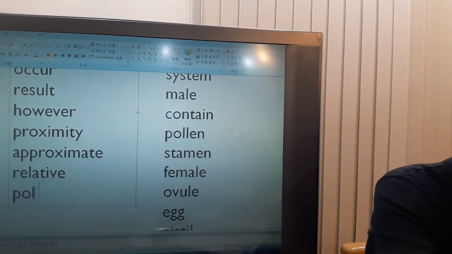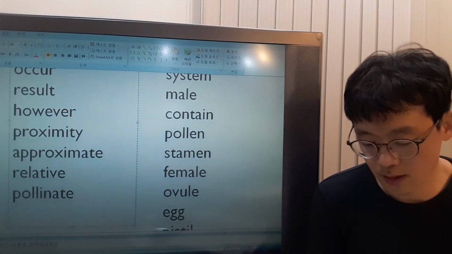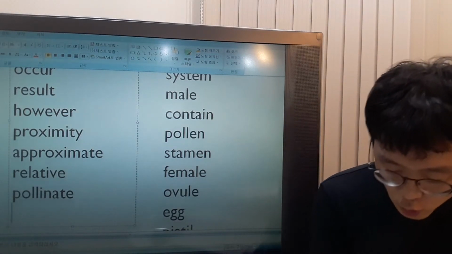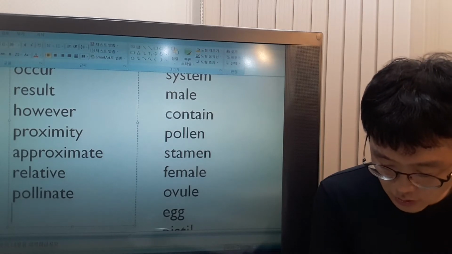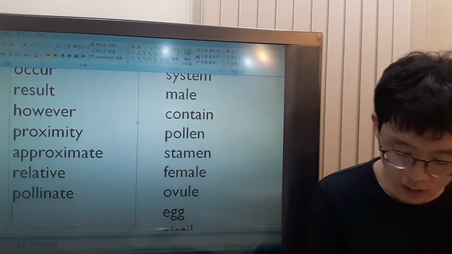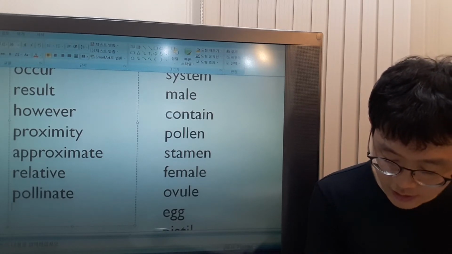What does that mean, pollinate? Pollinating is fertilizing with a pollen. And this is where blooming flowers become important, right? That means this is the stage where blooming flowers become important.